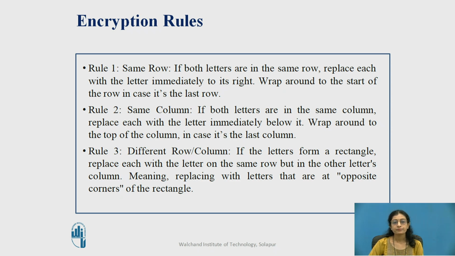Rule 3 says that if the letters are in a different row and column, then they form a rectangle, and we have to replace each with the letter on the same row but in the other letter's column, meaning replacing with letters that are at opposite corners of the rectangle.